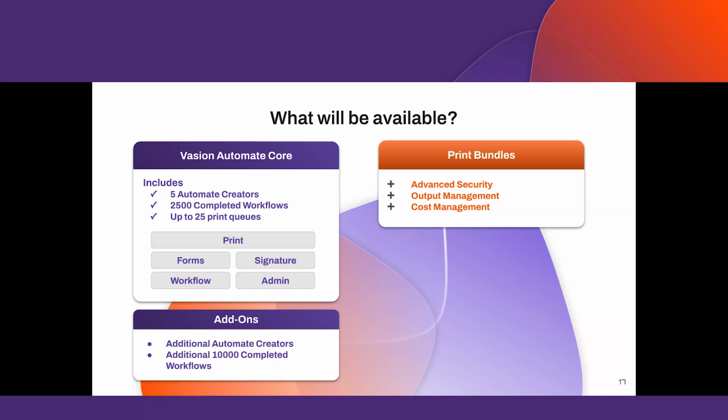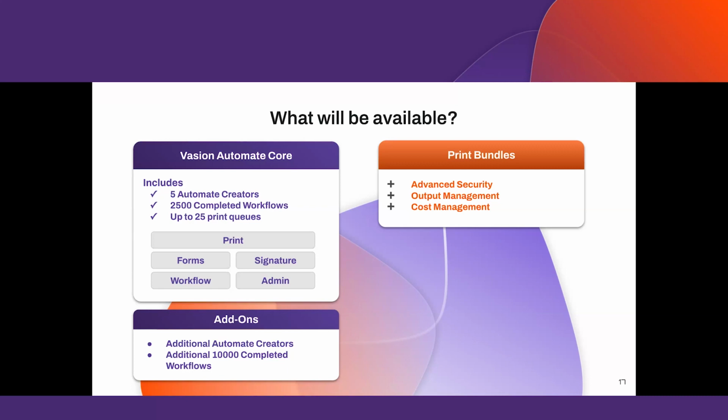In addition to what comes with Vasion Automate Core, we also have the opportunity for end customers to purchase additional creators and then purchase additional sets of 10,000 workflows. Something you should already be familiar with is the print bundles. Just as with the pricing and packaging done earlier, there's an opportunity to purchase advanced security, output management, and cost management bundles.